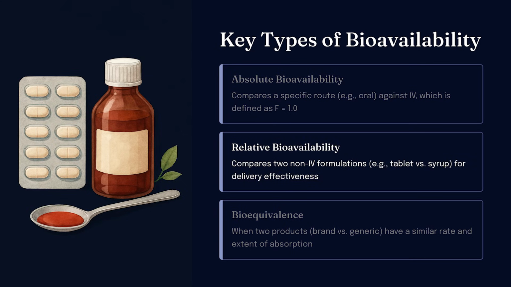Second, relative bioavailability compares two non-IV formulations, such as a tablet versus a syrup, to compare how effectively they deliver the drug. Finally, bioequivalence means that two drug products, such as a brand and its generic, have a similar rate and extent of absorption, resulting in comparable drug exposure.